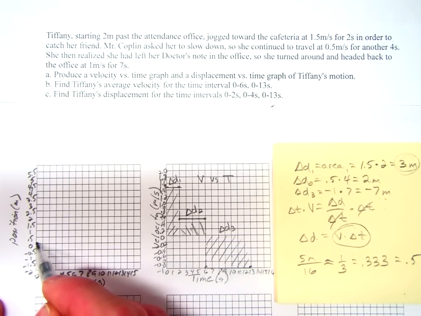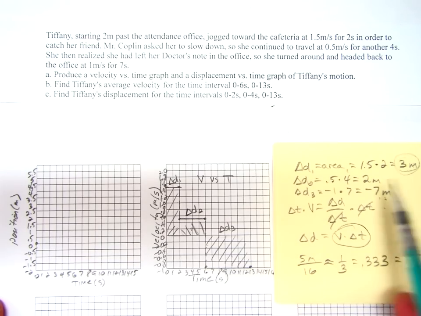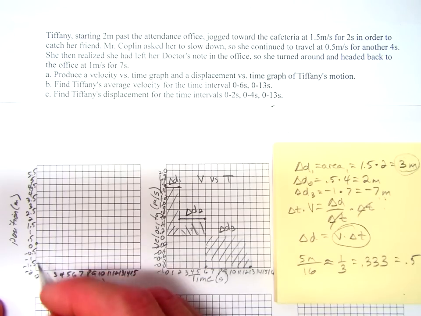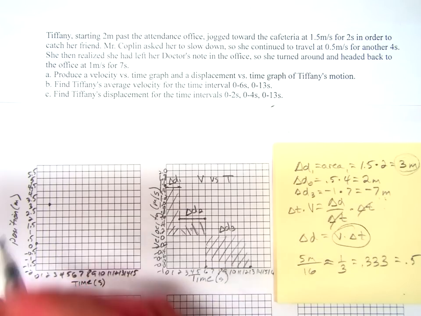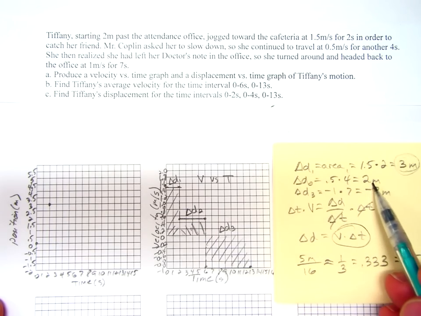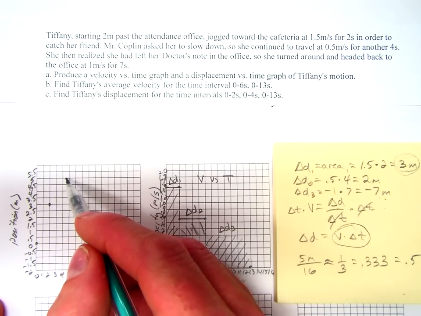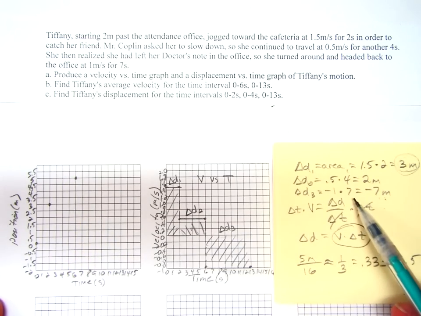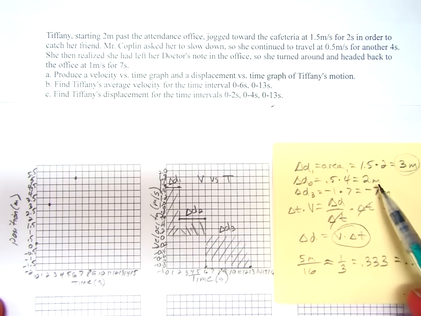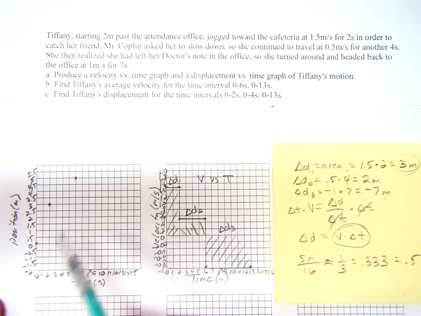So we're going to start at 0. And then according to this, we move to 3, and we do that in 2 seconds. Then we go to 2 more, which is 5, and we do that in 4 seconds. And then in 7 more seconds, we go back -7. And if you go back -7 and you're at 5, you end up at -2. So we end up here.